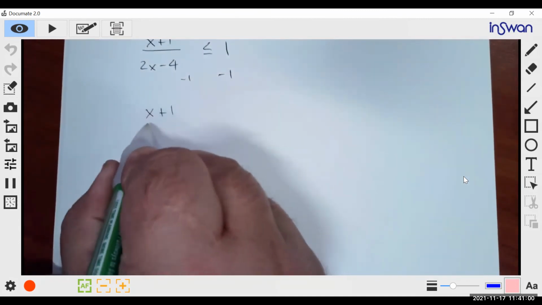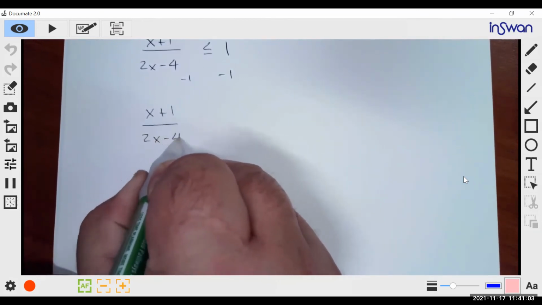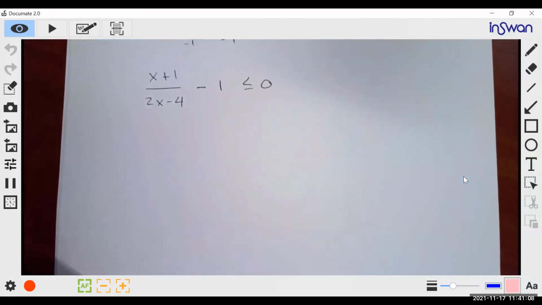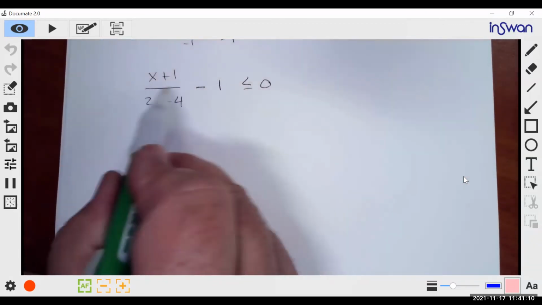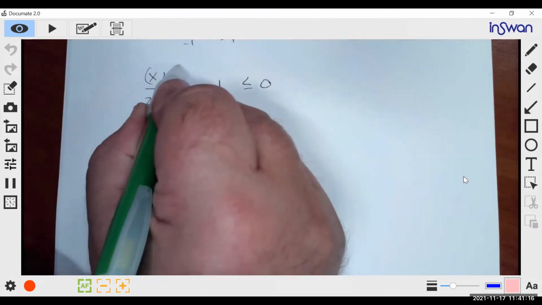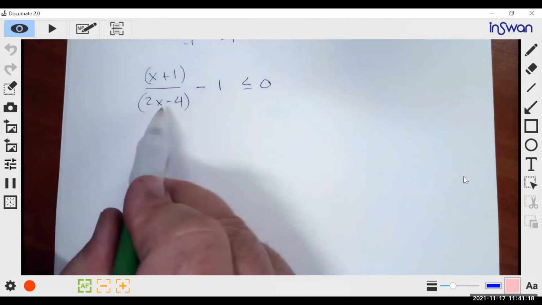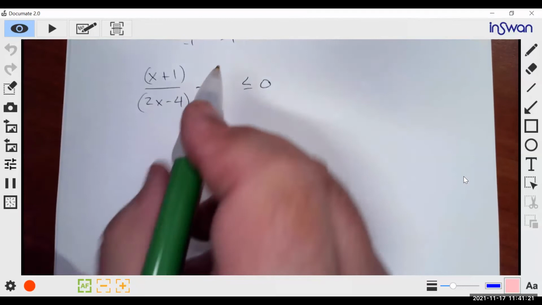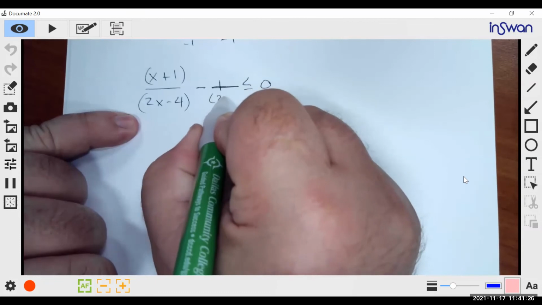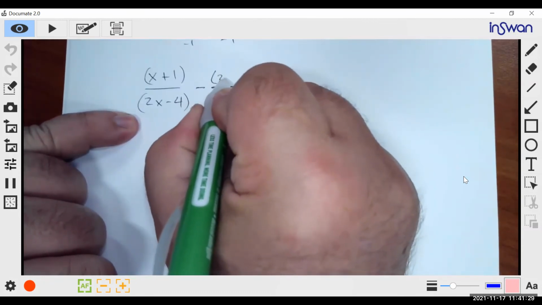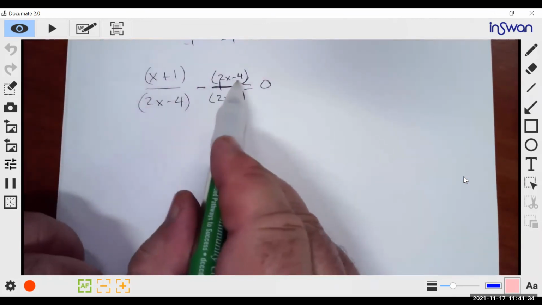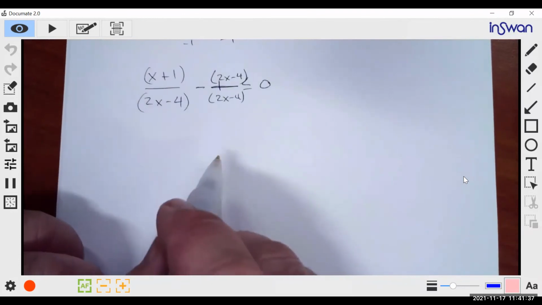So x plus 1 over 2x minus 4, minus 1 is less than or equal to 0. I have to combine these two expressions, so we have to have a common denominator. That means the common denominator is 2x minus 4. Since 2x minus 4 over 2x minus 4 equals 1, it makes it easier for me.